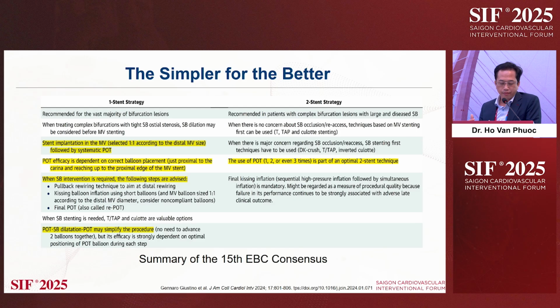And when a side branch intervention is required, after the POT, you should support it with the required techniques, and kissing balloon implantation if needed, and final POT, also called the repeat POT. And POT may simplify the procedure.